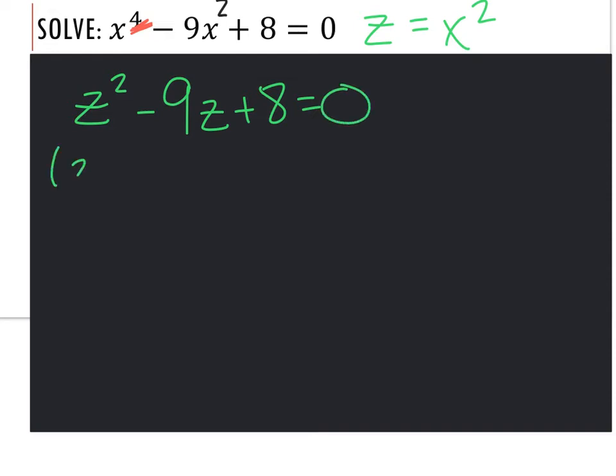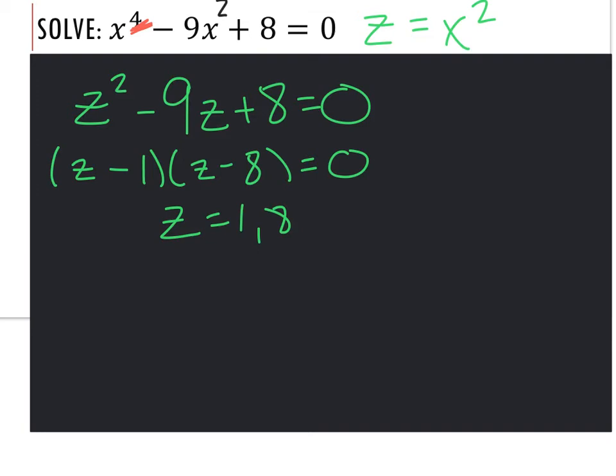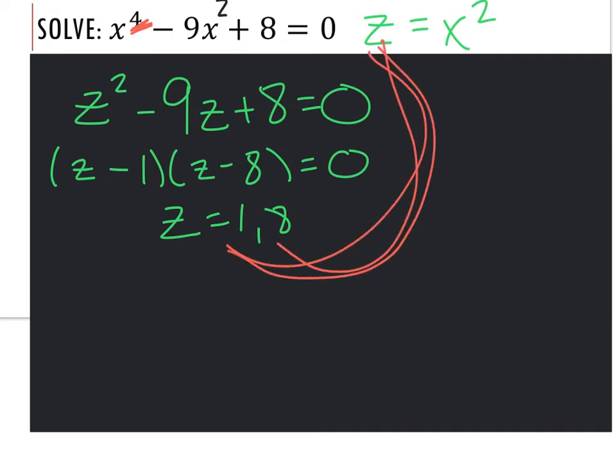From here you factor z, minus 1, z minus 8, and so then you realize z is equal to 1 and 8, but then you got to plug them back in up here. And so I'm taking these and I'm plugging them in for here.